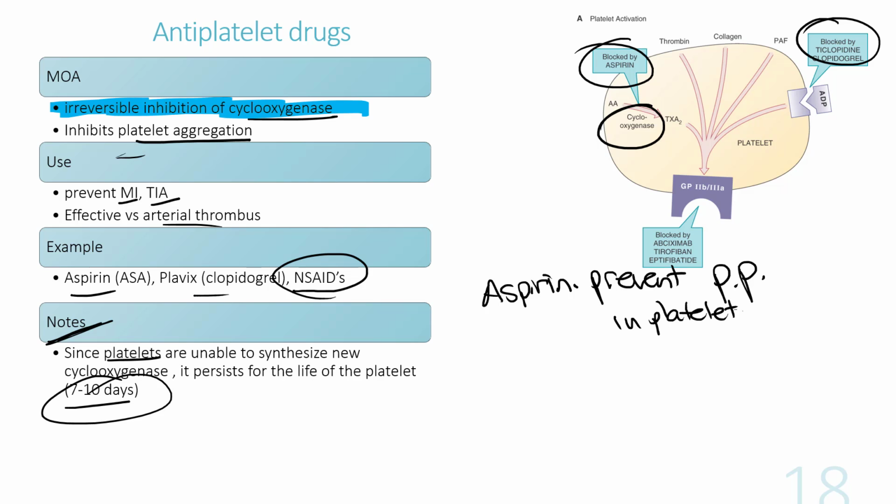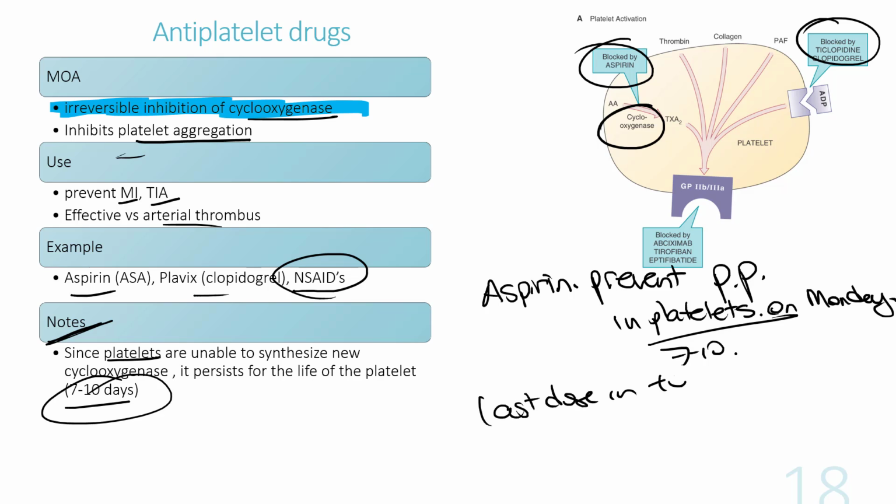Say I take it today, today's a Monday. As I said, these platelets last 7 to 10 days. So if I stop taking it, say my last dose is today, a lot of those platelets will still last for 7 to 10 days.